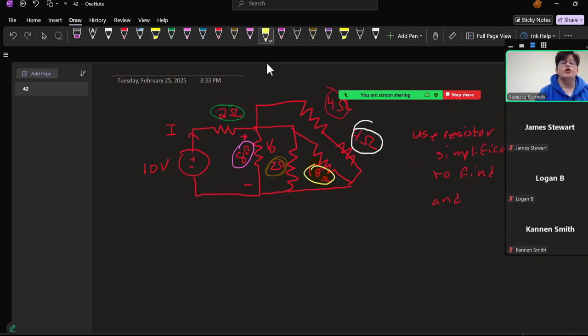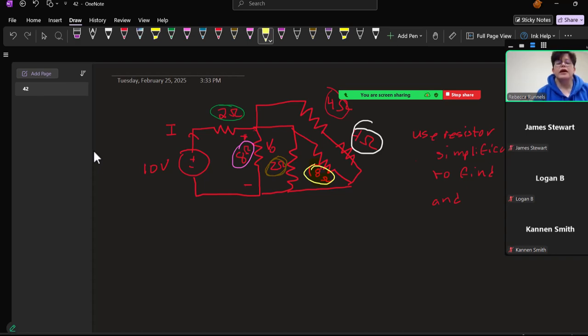parallel. You're close. The purple, the brown, and the gold, or pink, brown, and yellow, are definitely in parallel. Is the combined of the other one? Yeah, the combined of the other one is as well. And here's how you can tell.